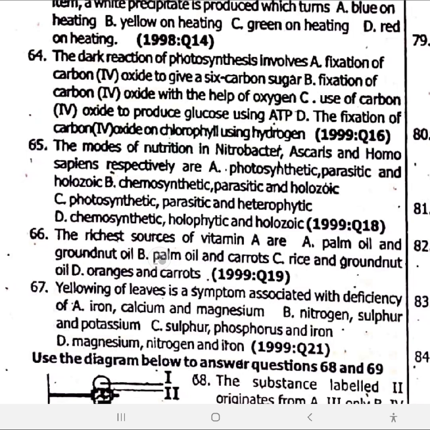Carnivores feed on flesh only. Omnivores feed on plant and flesh. Scavengers feed on dead animals. Saprophytes feed on dead and decaying matter, for example bacteria and fungi.